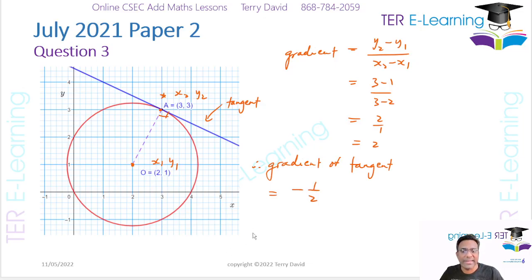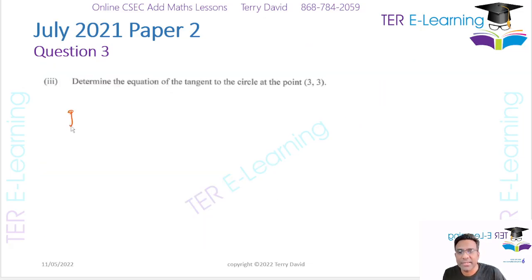What I'm using here is the fact that the gradient of a line multiplied by the gradient of a perpendicular line has to be minus 1. This is one of your coordinate geometry rules that we need to be aware of. So you know what the gradient of the tangent is: minus half.